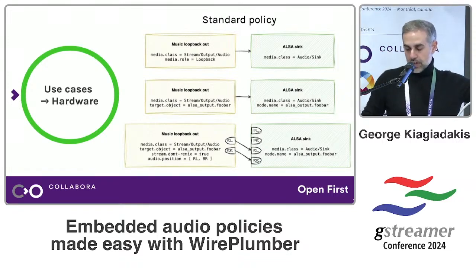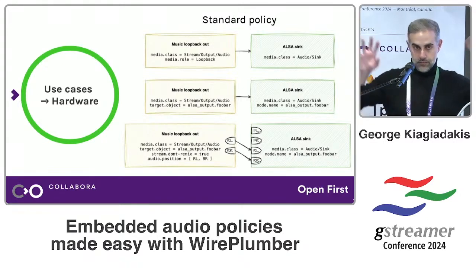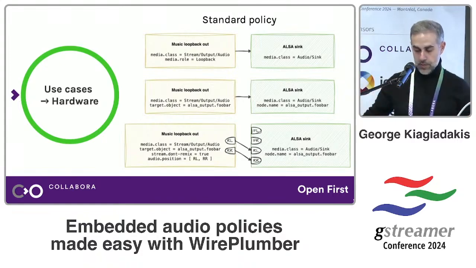In the second example in the middle, the loopback output has a target.object property, which is explicitly specifying which node to link to by name. So the sink would have a node name property, and these two matching, WirePlumber will make that link.